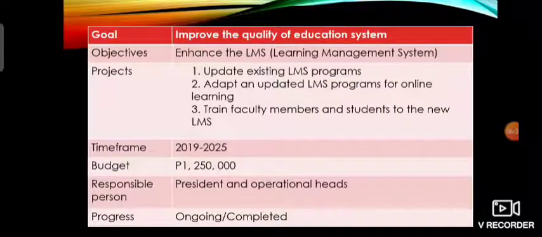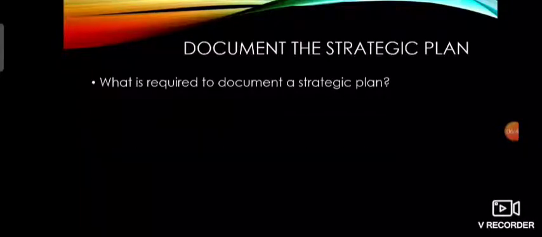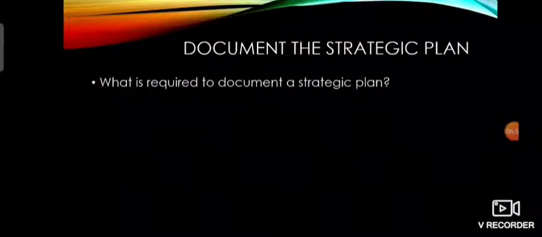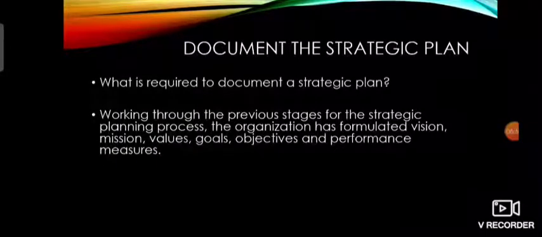Now, our next topic here is about documenting the strategic plan. Right? In documenting the strategic plan, this is one of the very important things that we should do. All right. Now, what is required to document a strategic plan? Okay. So, working through the previous stages of the strategic planning process, the organization has formulated vision, mission, values, goals, objectives, and performance measures.